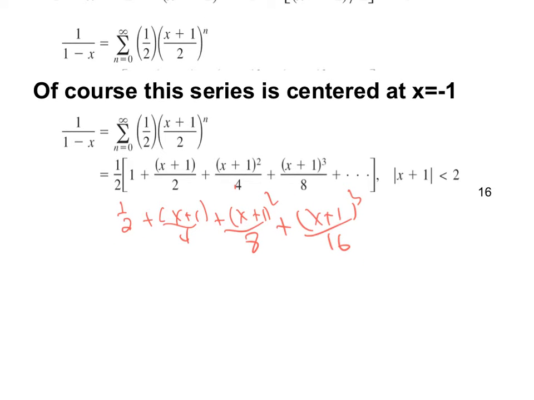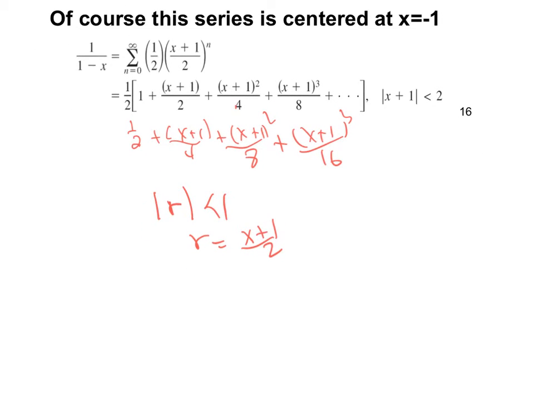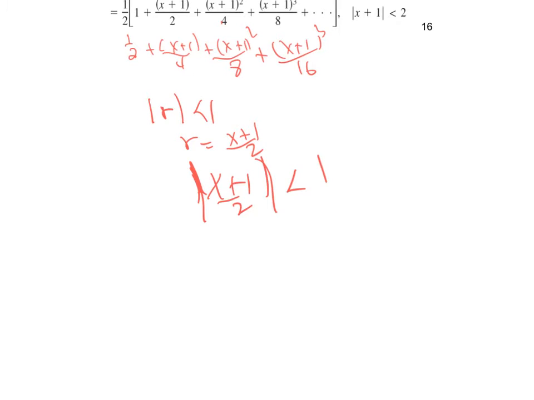And the r, I told you, absolute value of r has to be less than 1. And I told you that r was the x plus 1 over 2. I did tell you that. So if you say the absolute value of x plus 1 over 2 has to be less than 1, how do I solve that?